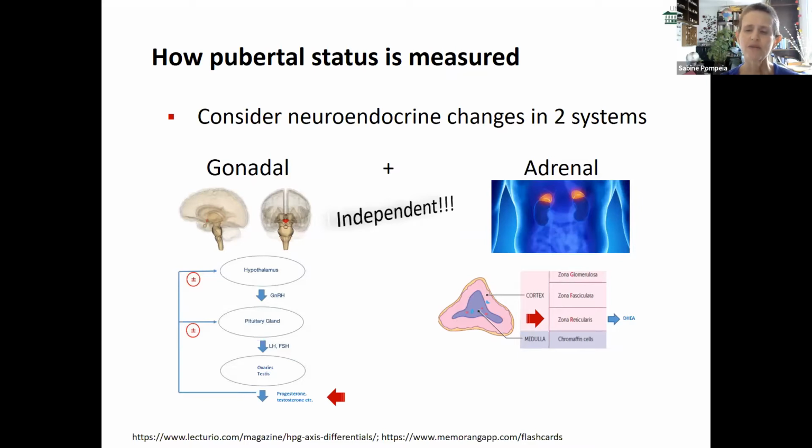And the other is an adrenal system, which is related to the development of a specific layer in the adrenal cortex called the zona reticularis, which produces a set of different hormones such as DHEA. Now, each one of these groups of hormones will lead to different sexual characteristics in the individuals. So we really have to look at all of these to determine at which stage of puberty people are in.